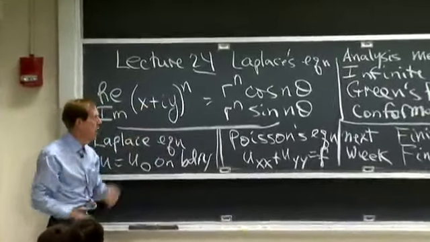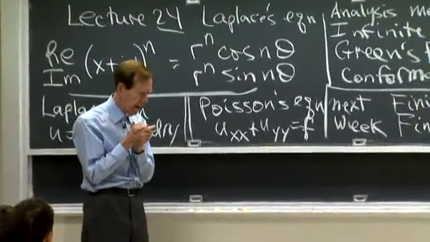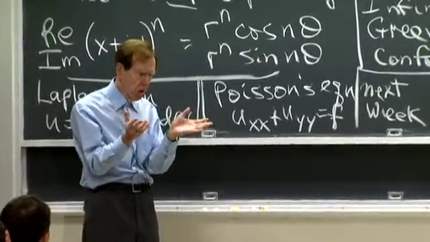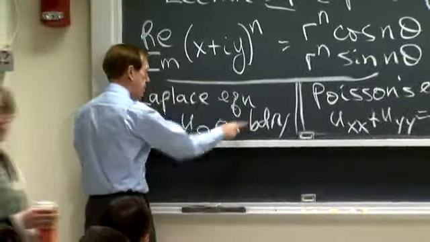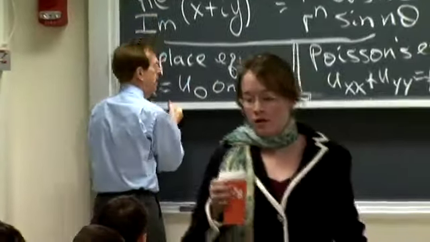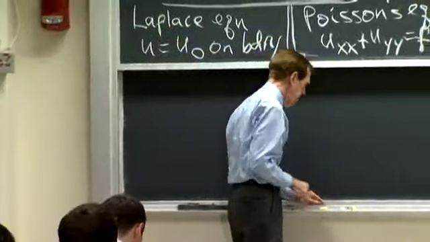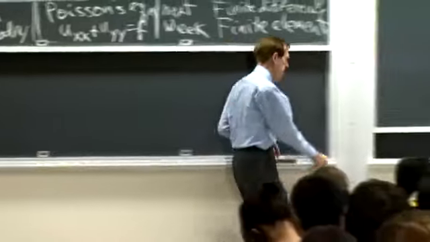Okay. So can I just start with an example or two? Like, how would you solve Laplace's equation in a circle? So I have Laplace's equation, and I've got a whole lot of solutions. And I've even got chalk to write them down with.